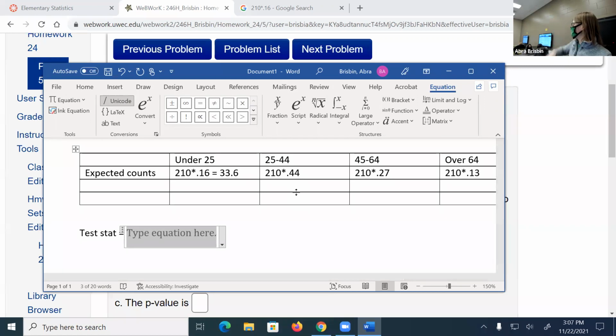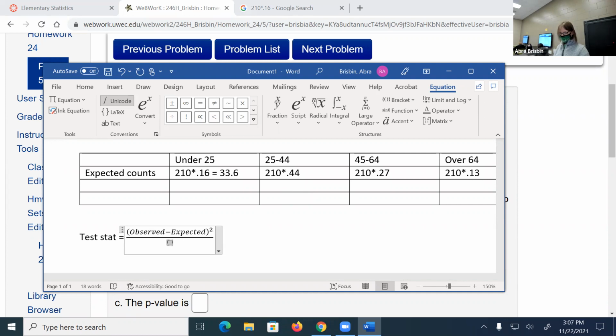So Kaylee, did you find it in your notes? What is the formula? It's observed minus expected squared over expected. Yeah, and then we'll take the sum of that over all of the cells in the table.